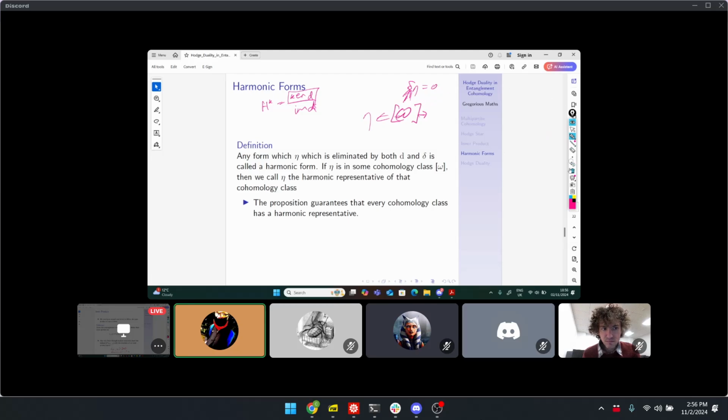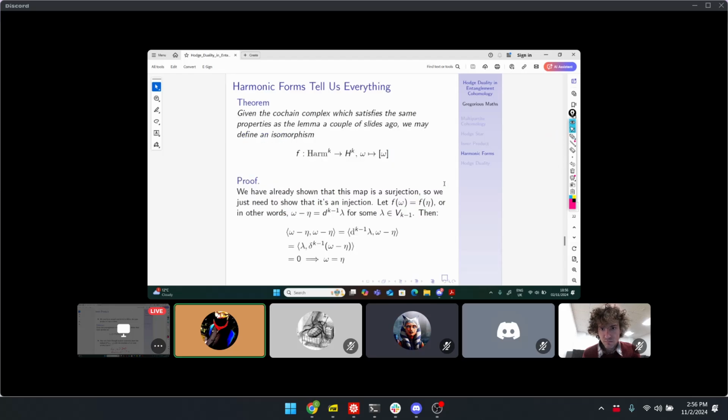But what we need to show is that we can't have two harmonic representatives for a cohomology class, because otherwise we'd have too many harmonic forms. We want there to be an isomorphism between these two spaces, because that was part of our action plan before.